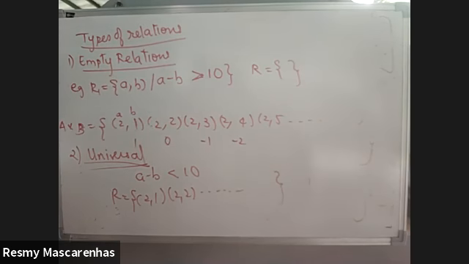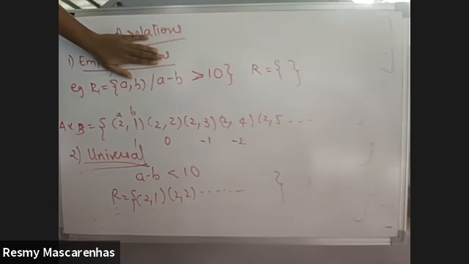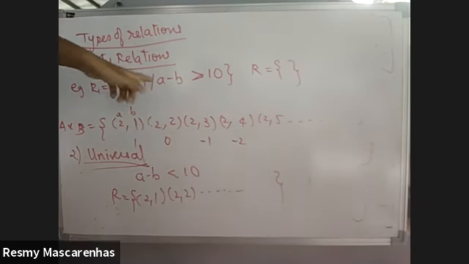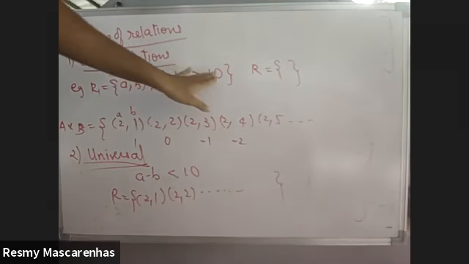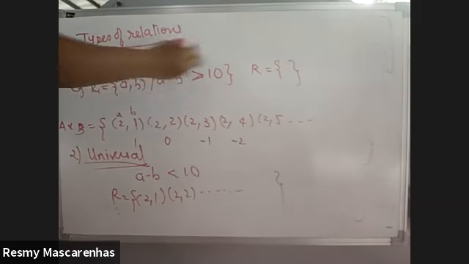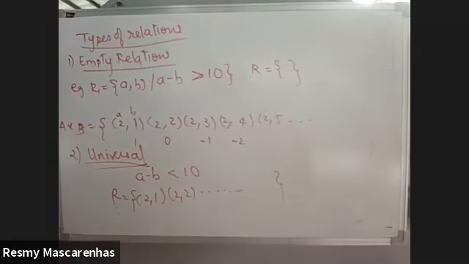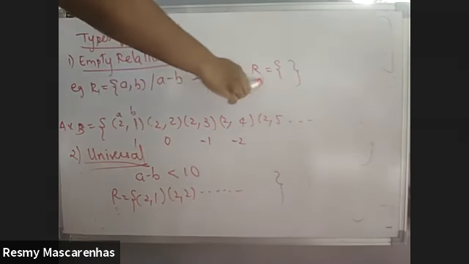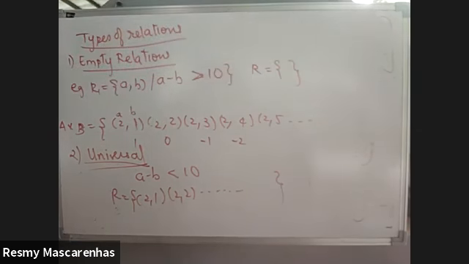Now I just gave you an example randomly. Find one relation where it is satisfying this condition. I just gave an example randomly, 10. So now if you go to find this relation, you will not find any pairs, correct? So what you will write as the answer is empty. So that's why it will be called empty.